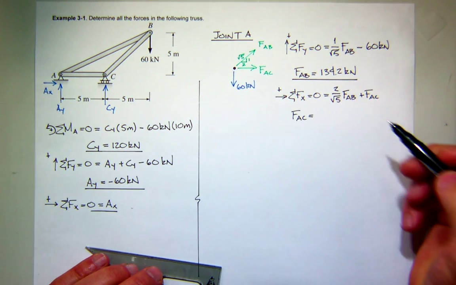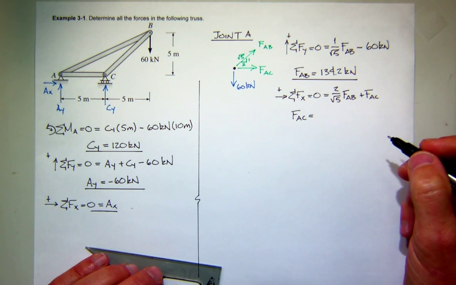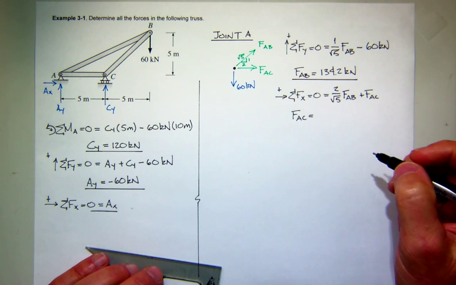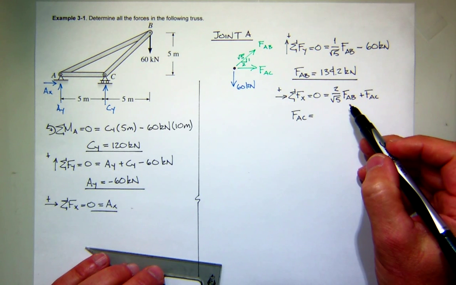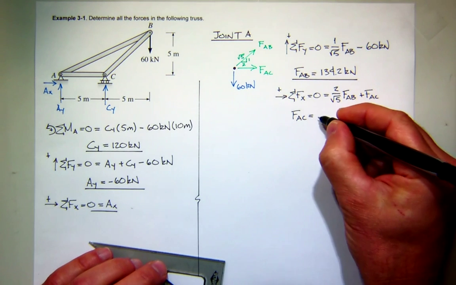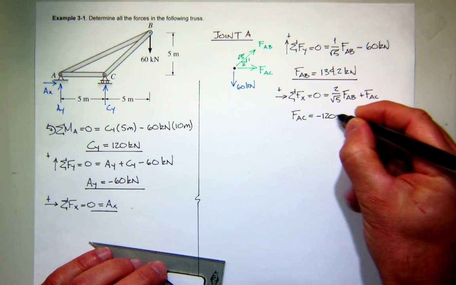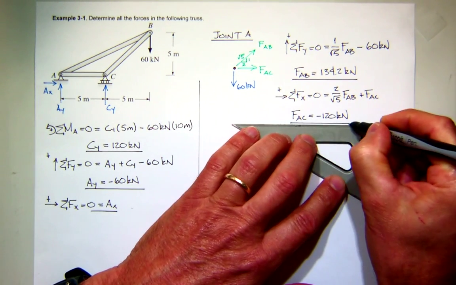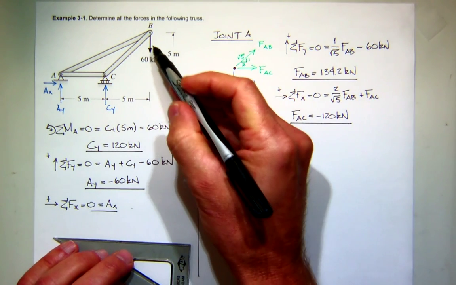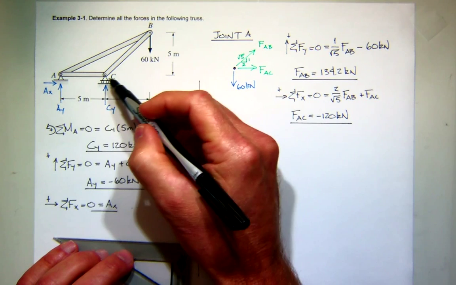I think it's going to be 120, but it's going to be negative 120. I'm guessing, but tell me. Yeah, it's negative 120. I'm a good guesser today. So, does that make sense that AC is in compression? Yes.